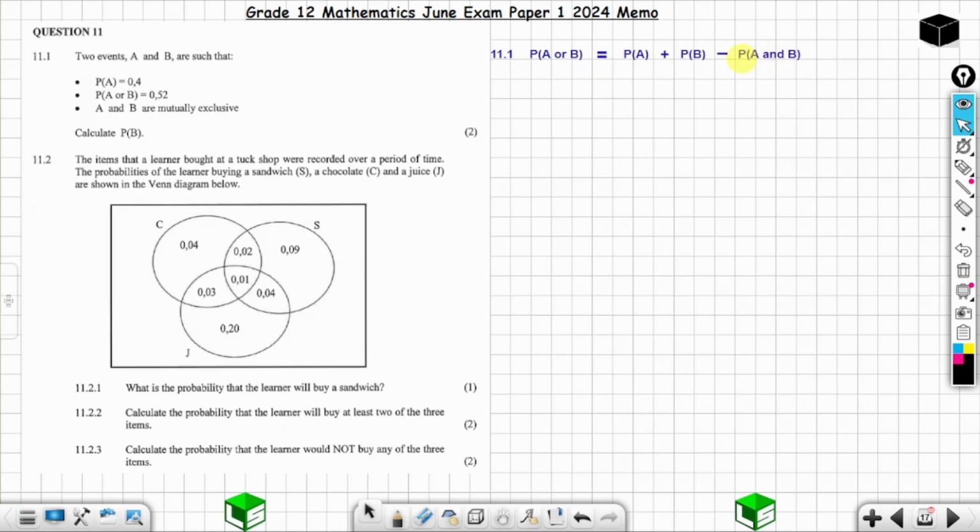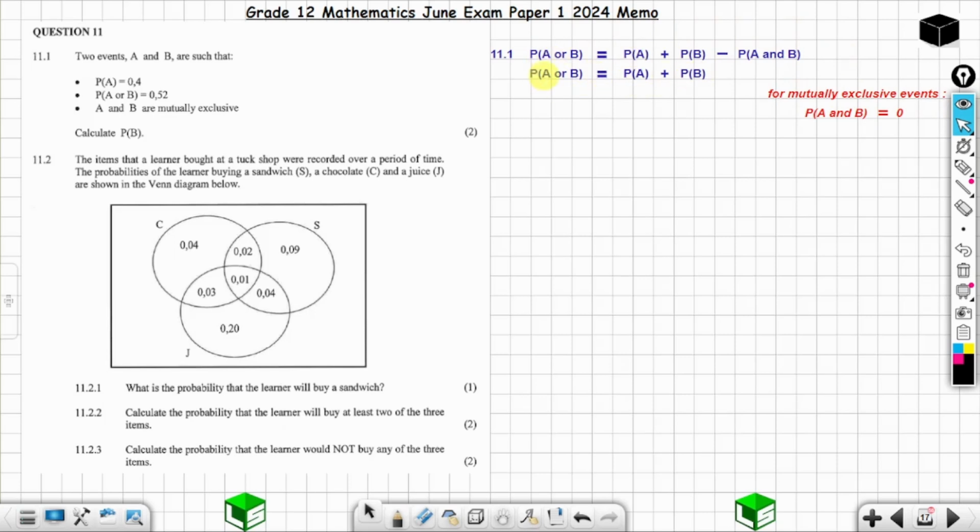So the probability of A and B is the probability of the intersection of A and B. For mutually exclusive events, the probability of the intersection is equal to 0, so this formula is going to reduce to this.